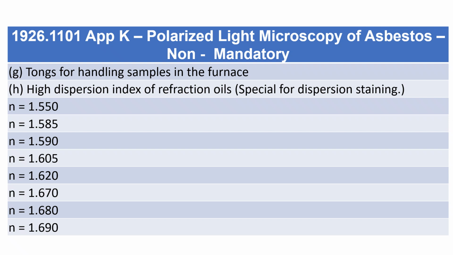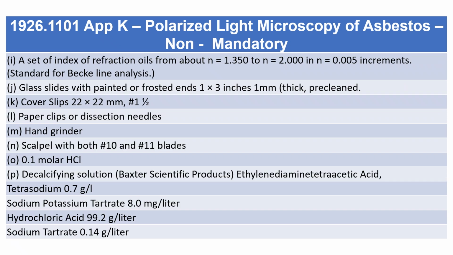H. High dispersion index of refraction oils, special for dispersion staining: n = 1.550, n = 1.585, n = 1.590, n = 1.605, n = 1.620, n = 1.670, n = 1.680, n = 1.690. I. A set of index of refraction oils from about n = 1.350 to n = 2.000 in n = 0.005 increments. Standard for Becke line analysis.